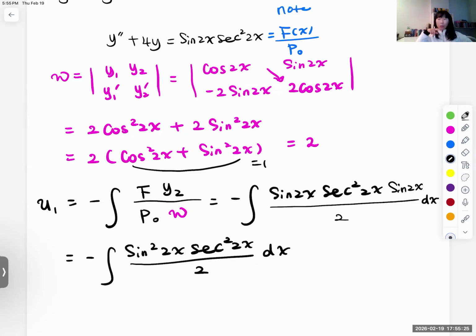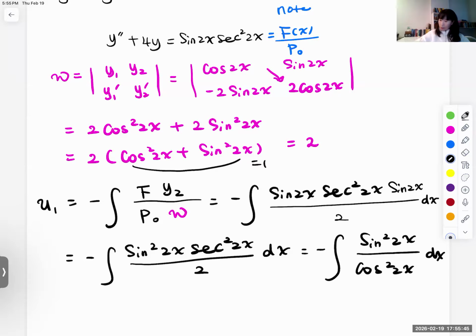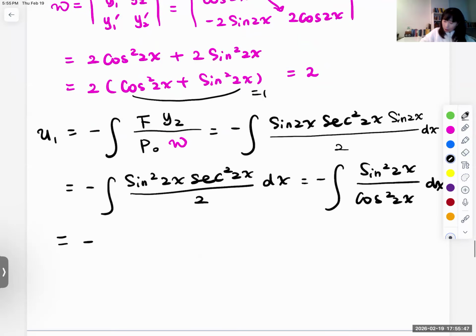Yeah, what can you see? We can see that secant square 2x is 1 over cosine square 2x. Okay, now what can you see? We can express this one as tan 2x squared, right?